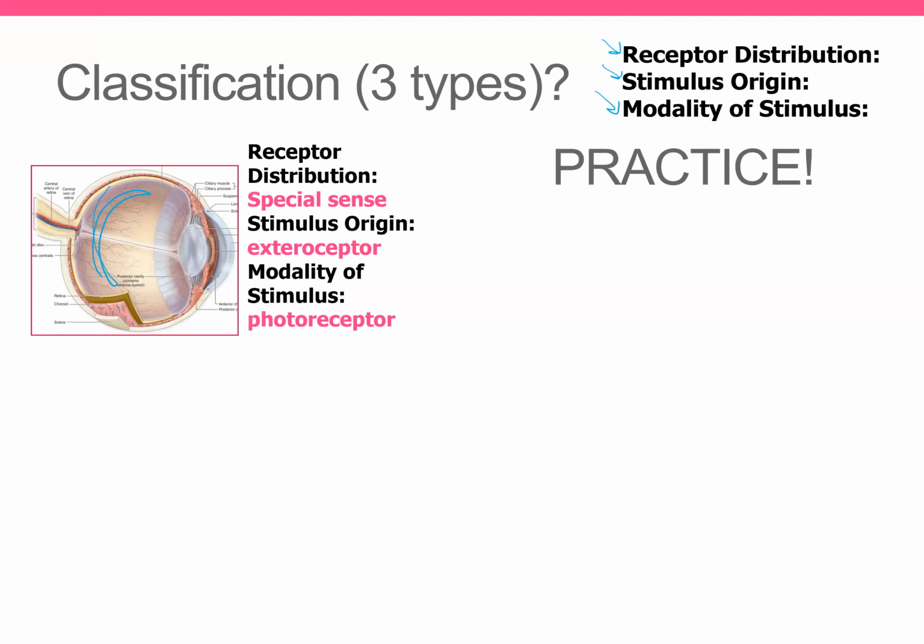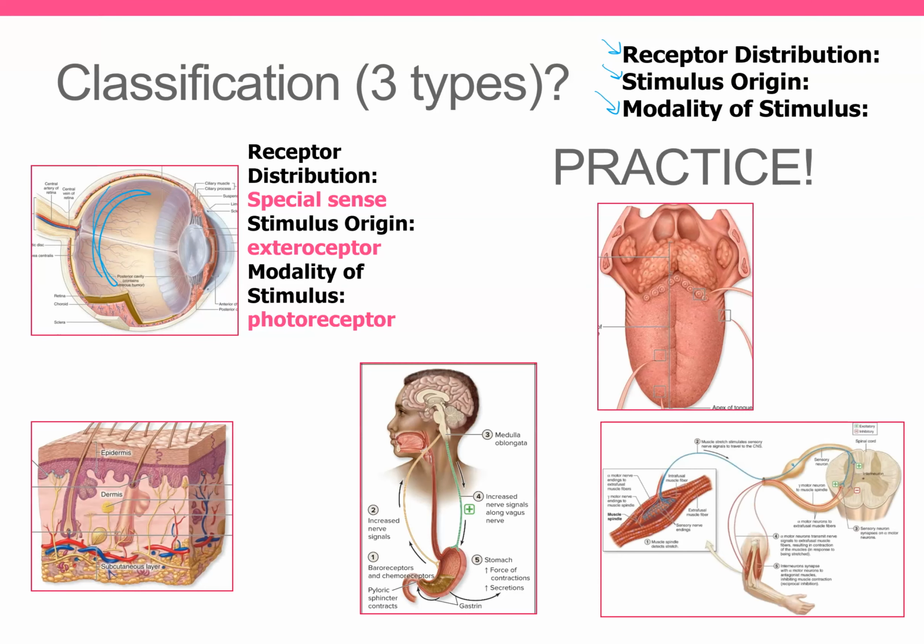So try some others. I put some others up here, like maybe some things you remember from BIO211, the Pacinian corpuscles, for example, in your skin, in your dermis. Maybe it's the stomach. You could think about detecting whether there's food there or not.